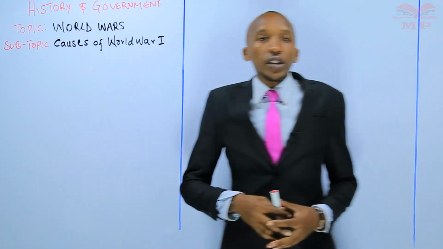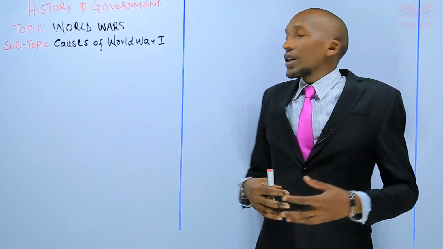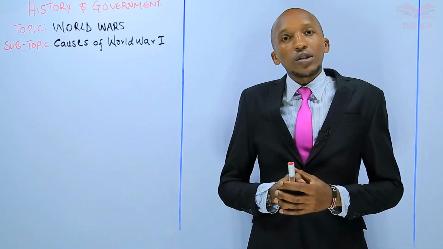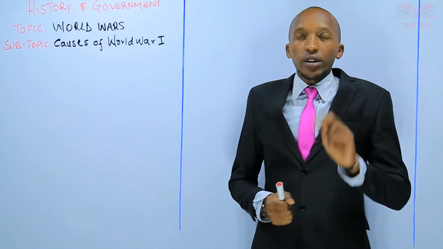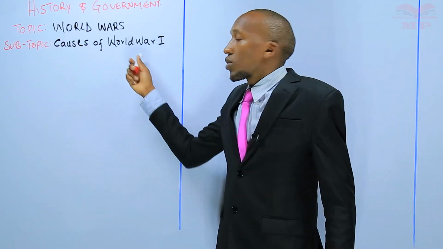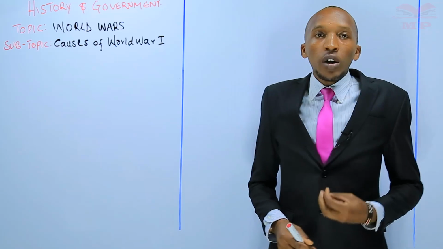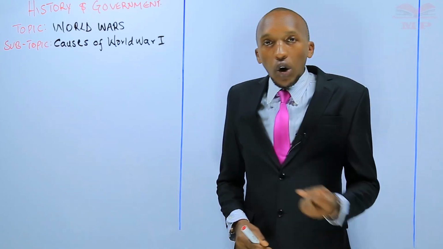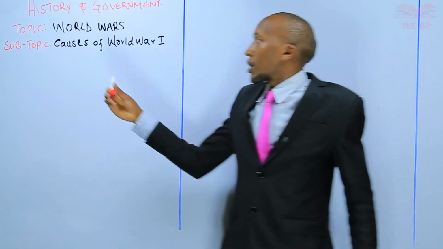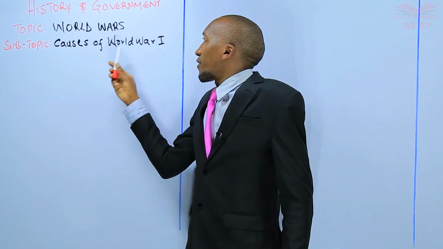Remember, in our previous lesson, we said that in our human existence we have had two world wars: the First World War, or World War One, and World War II, which is also referred to as the Second World War. Today we are going to discuss the causes of the First World War.